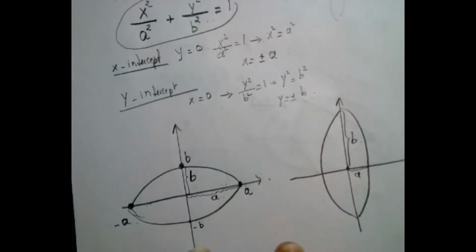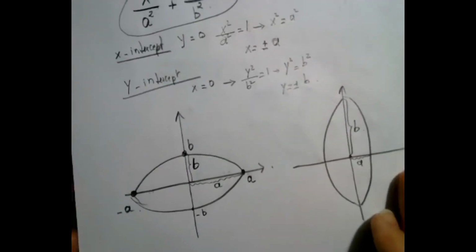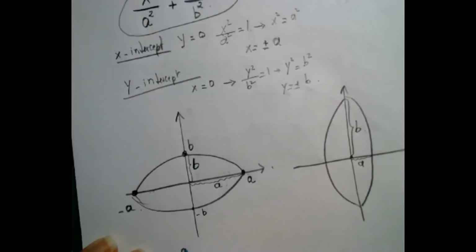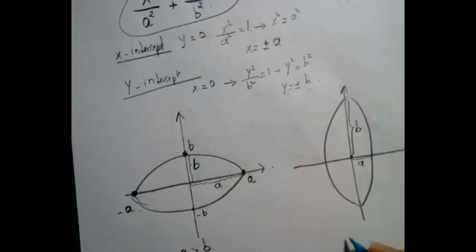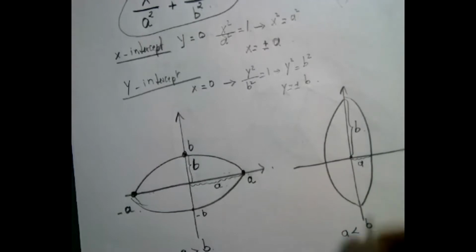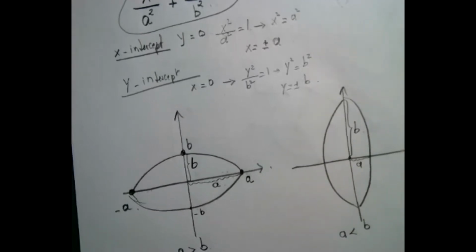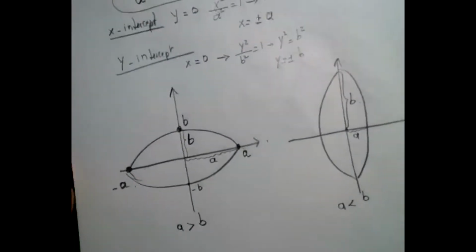Now, when is it elongated horizontally and when vertically? It depends on a. If a is bigger than b, it's going to be elongated horizontally. If a is less than b, it will be vertical. And once you have the formula, we'll do it.